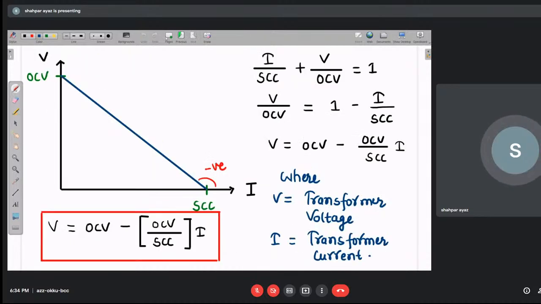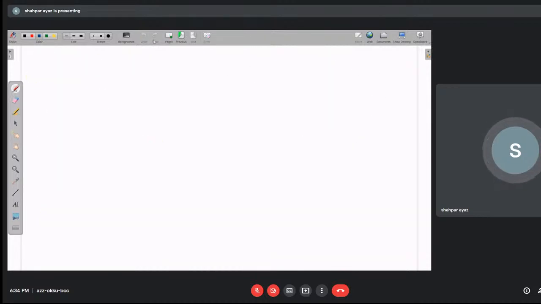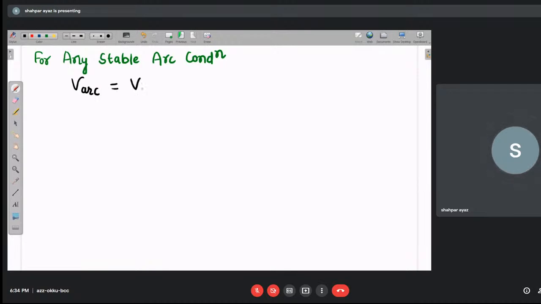now for any stable arc condition, remember that arc voltage is equal to transformer voltage.